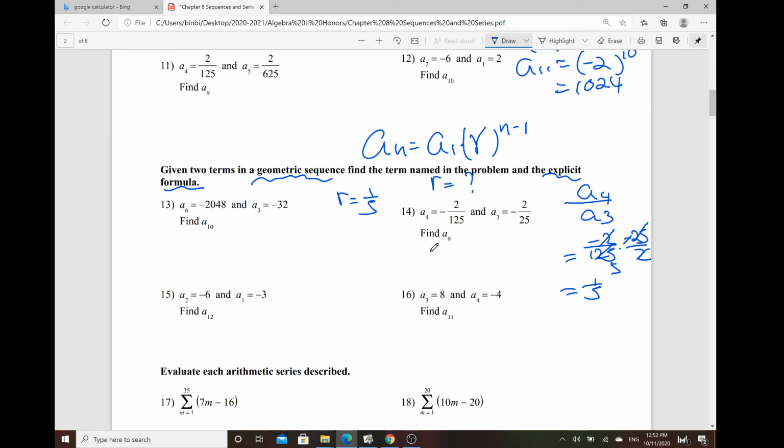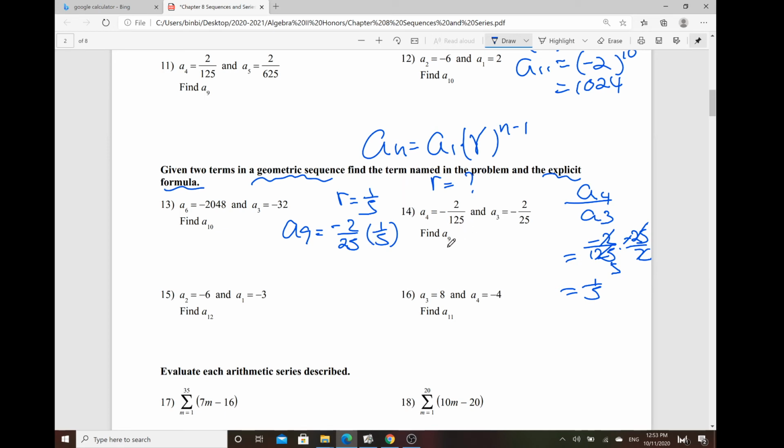And then find that a sub 9. So we can start it off with the lower term, which is a sub 3. So negative 2 over 25 times the common ratio. Now, got to be careful with the value of n that you counted here. So instead of finding from a sub 1, you started off with a sub 3.